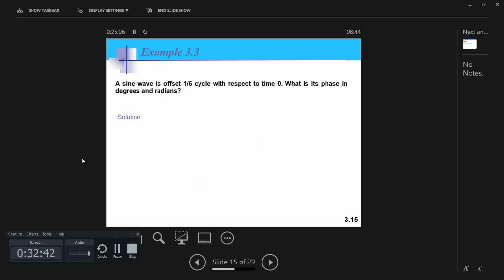So for example, here is an example, sine wave with offset 1 over 6 cycle with respect to time 0. What will be the phase in degree and radian? One complete cycle is 360. I shifted 1 over 6.